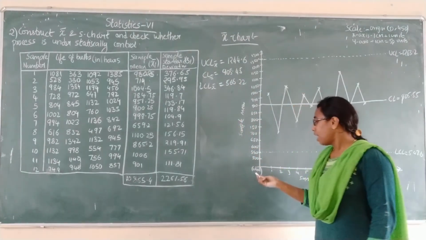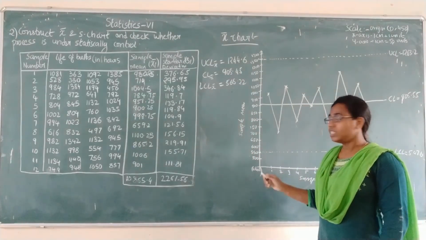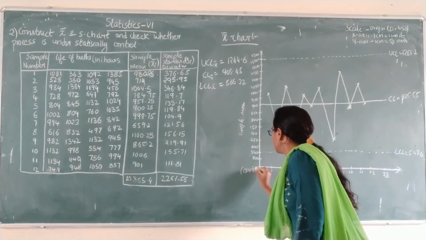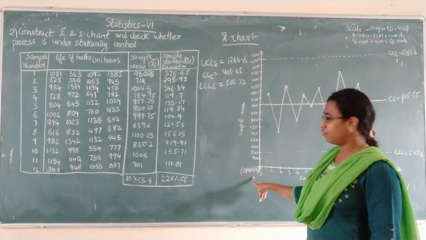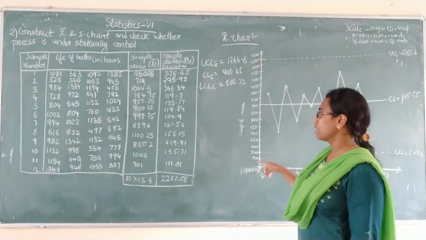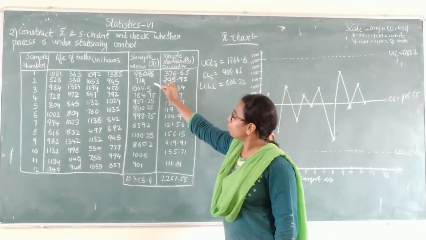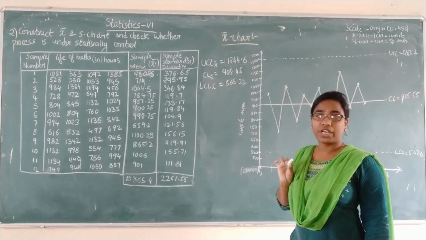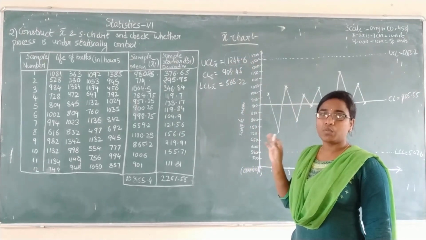That's why I am considering the origin as 0,450 and taking the scale as 50 on the y-axis, because I want the values up to the maximum value, 1244, which is near 1250.